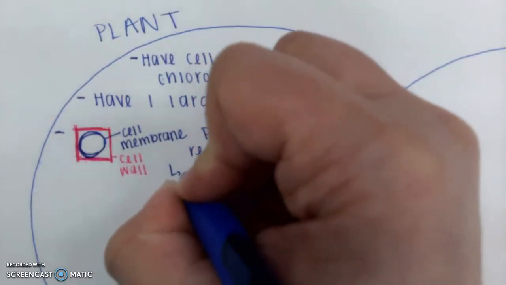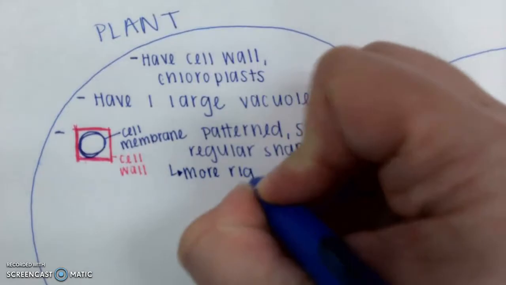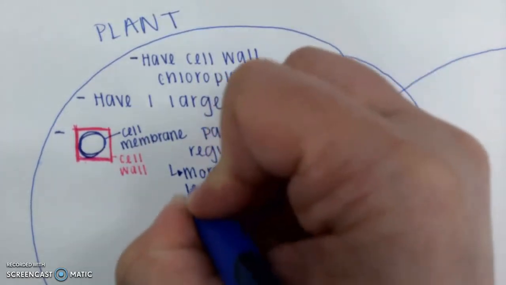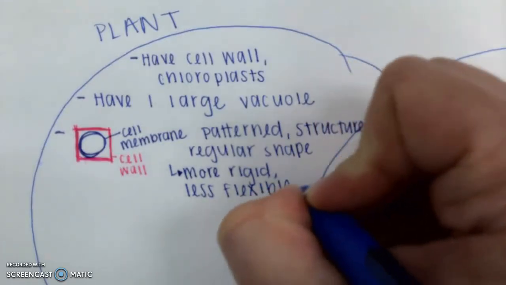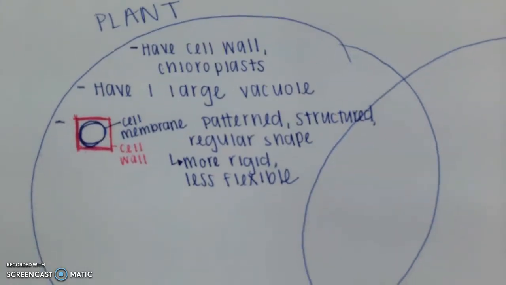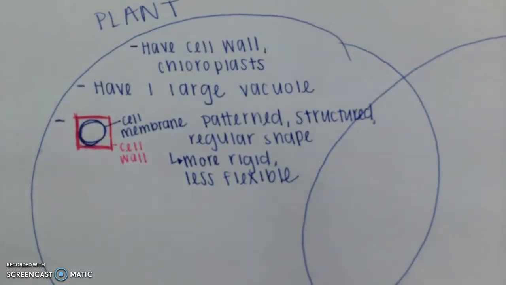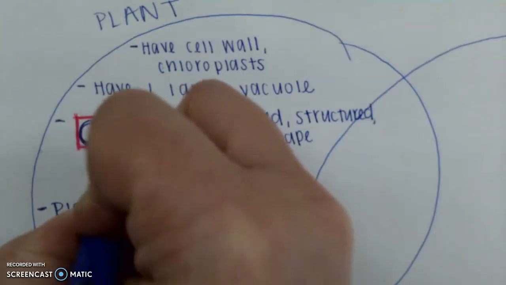You could say they're more rigid, less flexible. The question also asks about how they get their energy. We've learned about this before a little bit in other classes. We know the word photosynthesis, so we can write down that plants make food through photosynthesis.